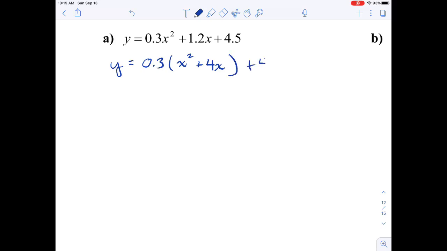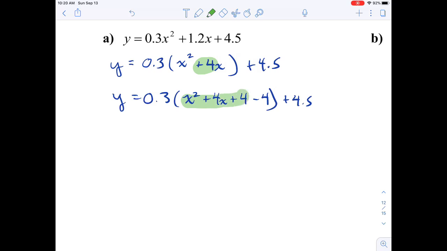And then we still have this plus 4.5 on the end. And then we take this value of positive 4 and to find our magic number, we divide it by 2 and square it, which means we actually get a magic number of 4 as well. And we make sure that we take that magic number and add it and subtract it within the same bracket.